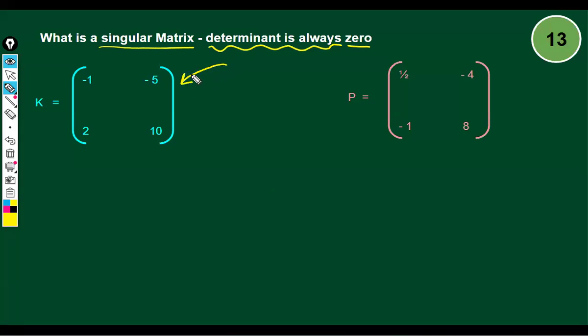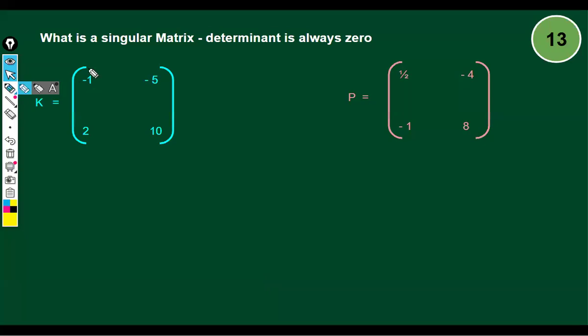That's the easy type of question. Find the determinant of matrix K, and then find the determinant of matrix P, and let me know if both matrices are singular matrices. In other words, if you work out the determinant, you're supposed to get exactly 0. But see it for yourself. Just don't assume it has to be singular. Work it out and see for yourself.